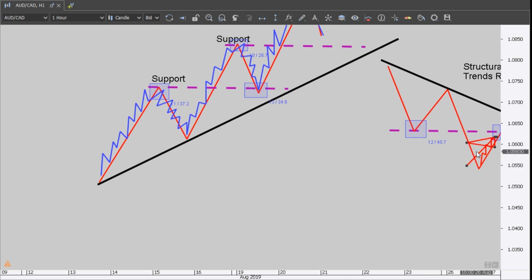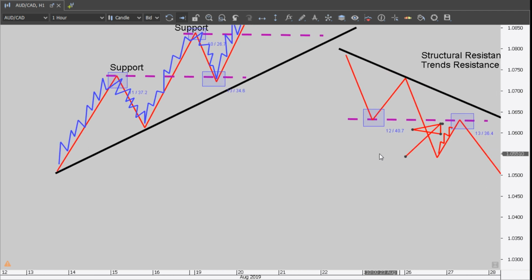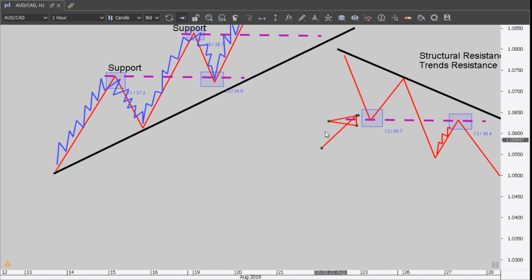And guess where most likely it is going to end the retracement? Well, at some level of past resistance. Okay, this is resistance and the market is going to go up and hit the wall, right? Hit the wall in here and then it's going to fall down again.